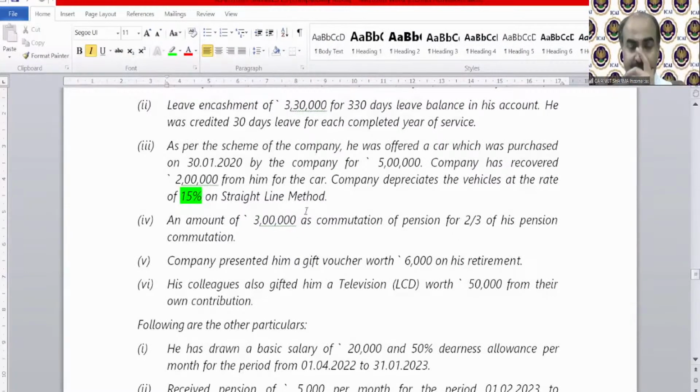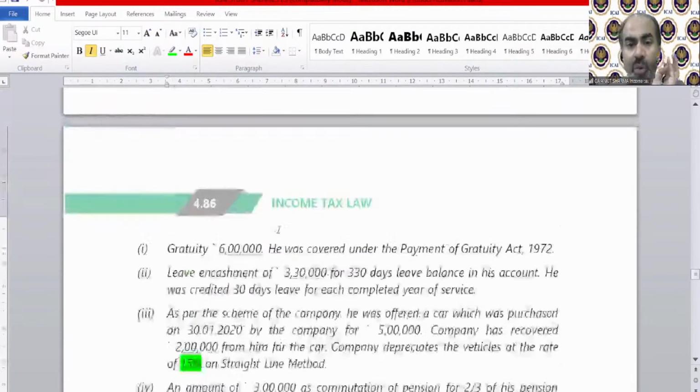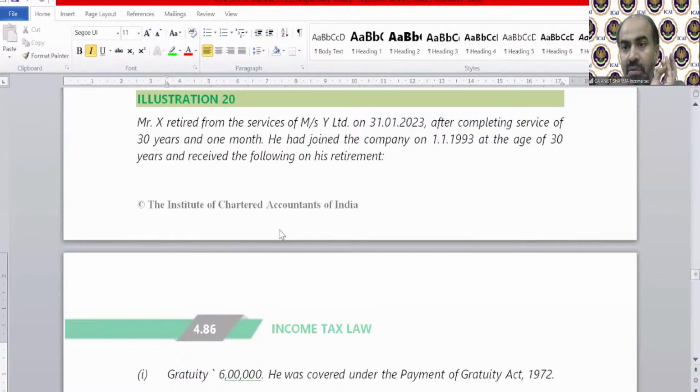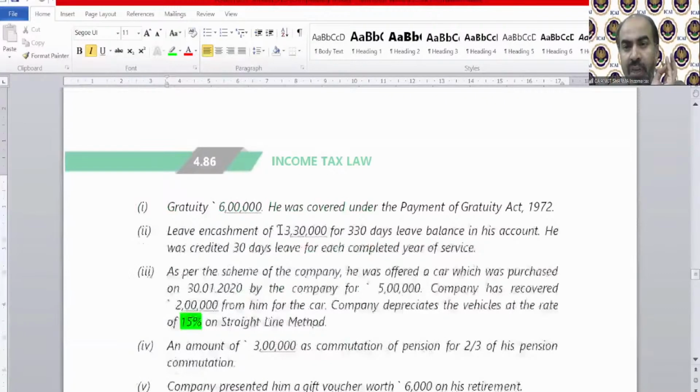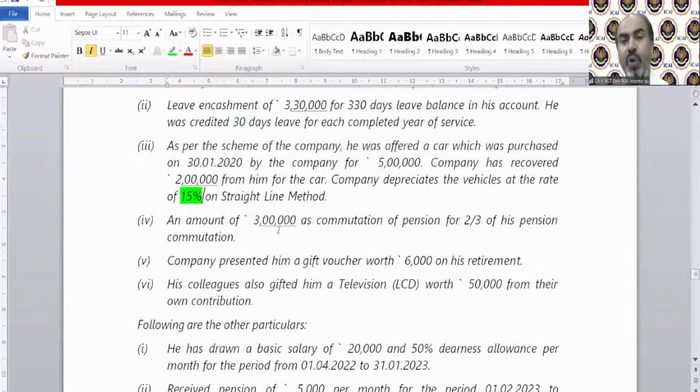So technically, there is 2 years. The company purchased the car on 30 January 2020, the company has recovered this amount, and after the total years of use, company sold it to the employee on 30 January 23.